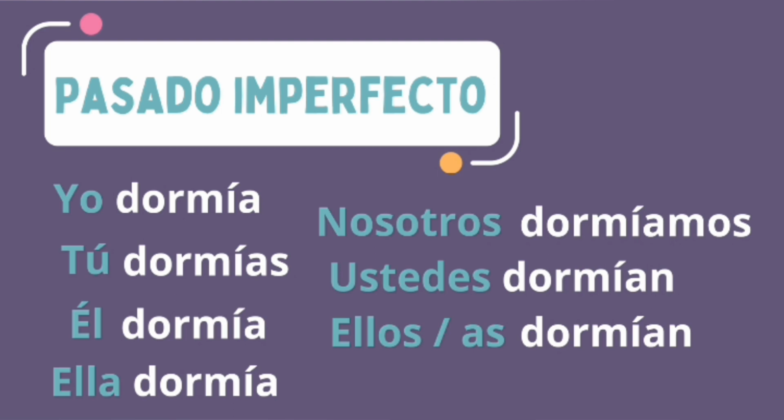And now this is the way you have to conjugate this verb, dormir, in the imperfect past, okay? Yo dormía, tú dormías, él dormía, ella dormía, nosotros dormíamos, ustedes dormían, ellos or ellas dormían, okay? This would be the conjugation in the imperfect past.